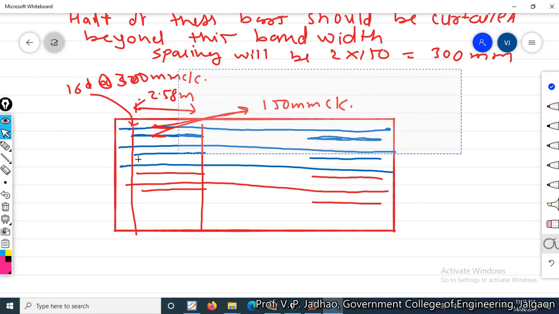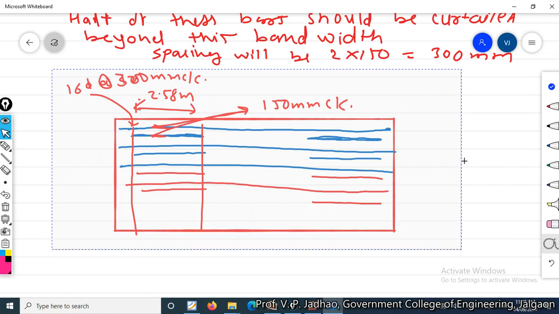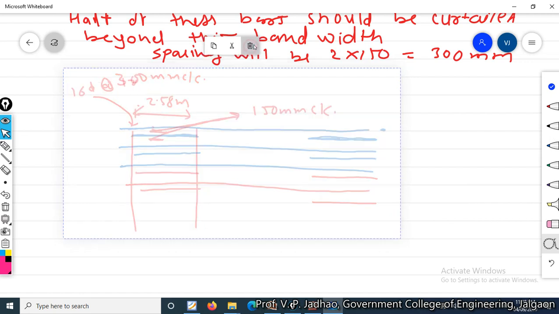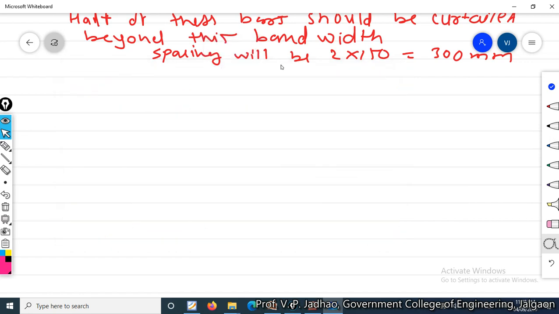Okay, I'll delete this. It may create some confusion. Now we have to design in the transverse direction.